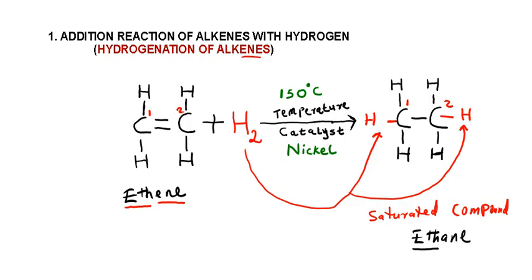Ethane. So this becomes the new product formed. And this reaction happens under this condition, a temperature of 150 Celsius and using nickel as the catalyst. Okay, let's go ahead. You will understand it as we go.